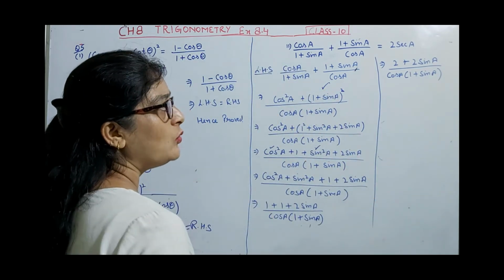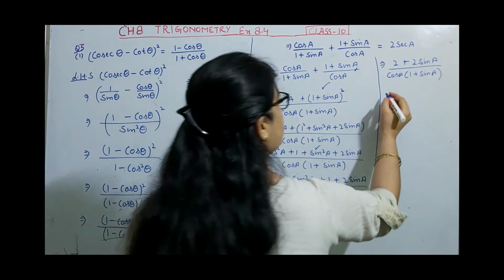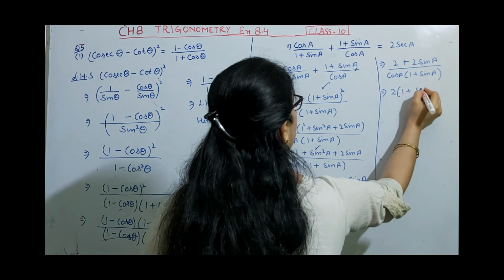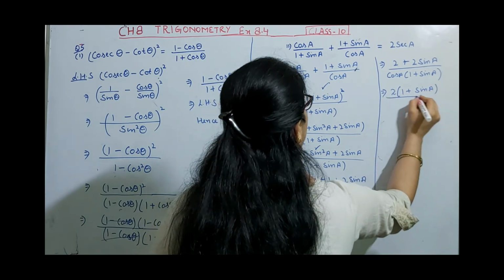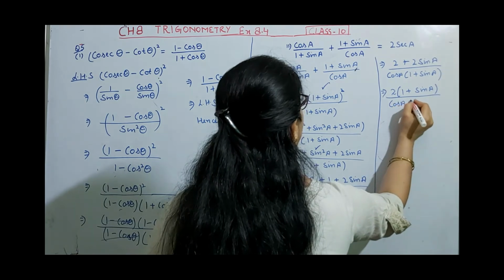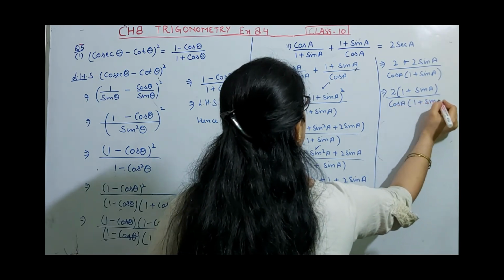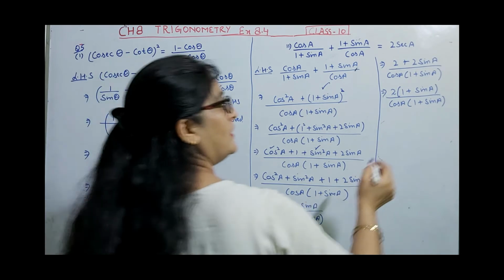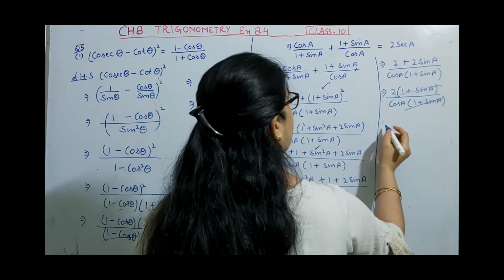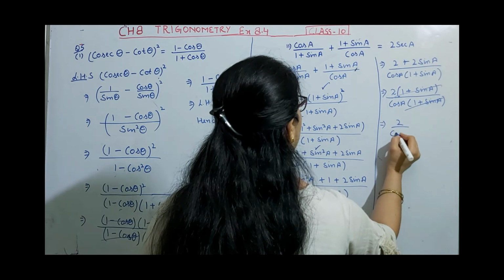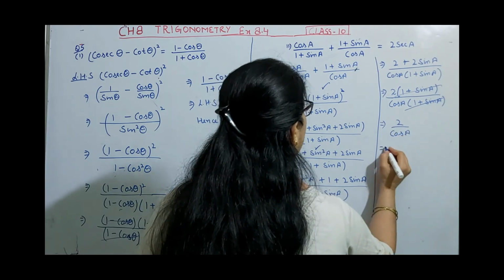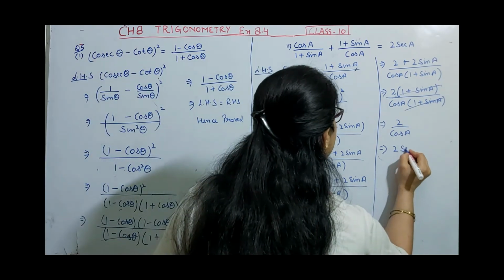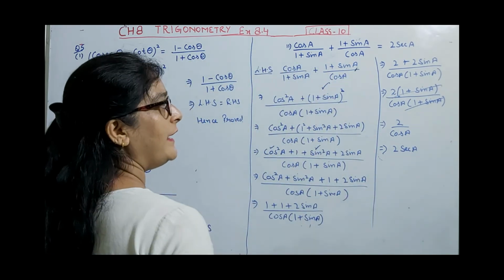Now in the numerator, 2 is common in both terms, so taking 2 common, we get 1 plus sine A divided by cos A into 1 plus sine A. In numerator and denominator, 1 plus sine A goes, we have left 2 upon cos A. So 2 cos is the reciprocal of sec, it becomes 2 sec A. That is our right hand side.